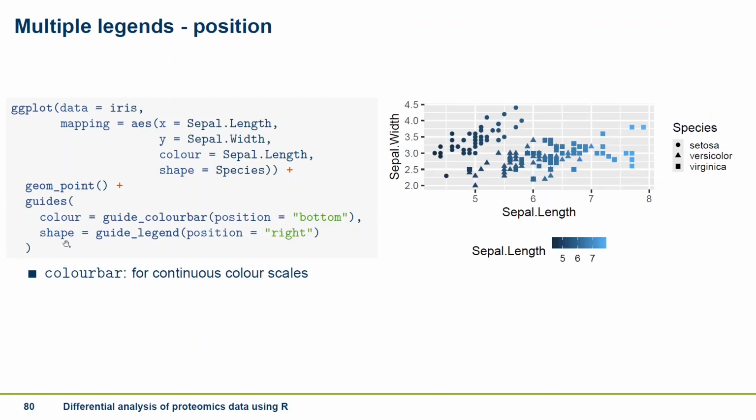And you can decide to have one of these legends at the right side and one at the bottom. You can use again the guides function for this. Specify for color and for shape where the legend should be plotted. And here again, important: for almost everything you would use guide legend, but the exception for continuous colors is you have to use guide color bar.